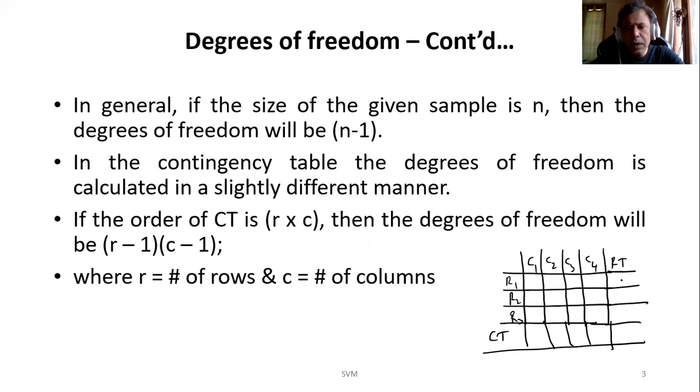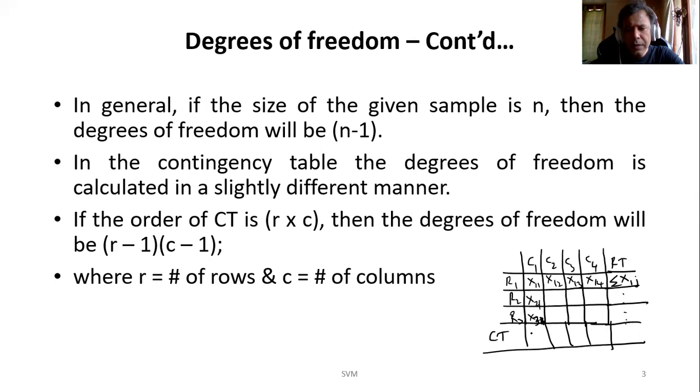So the first one will be actually the sum of these rows. Let us say this is x11, x12, x13, x14. So this is actually x1j. Likewise, I can write here x21, x31.